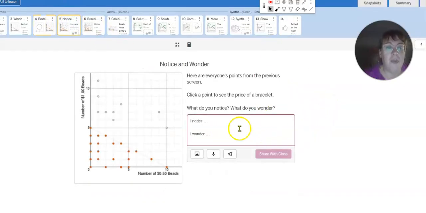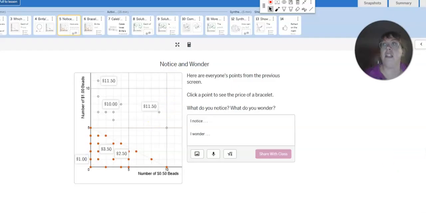Here are everyone's points from the previous screens. Click a point to see the price of the bracelet. So if you click a point, it tells you how much that bracelet cost. What do you notice and what do you wonder? Take a second, look at some of these prices, and think about what you notice and what you wonder.